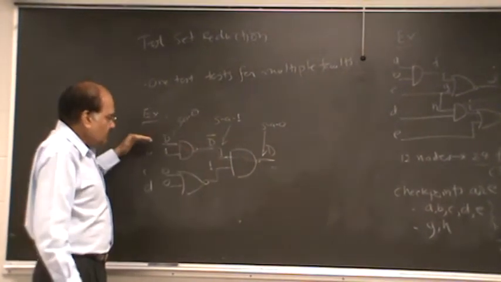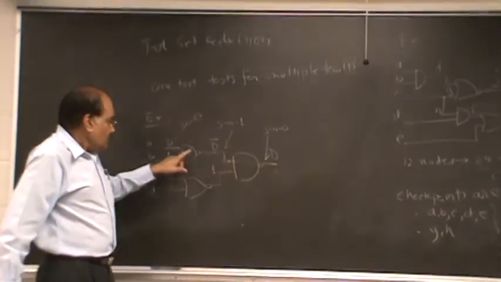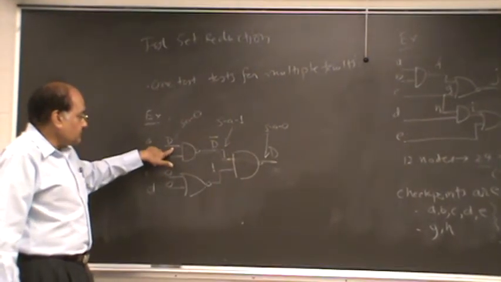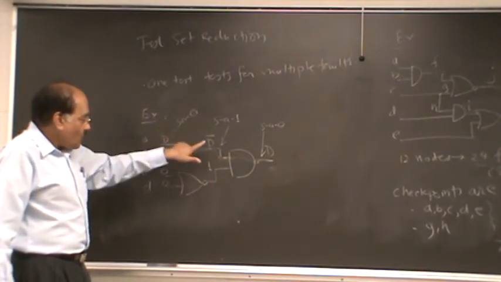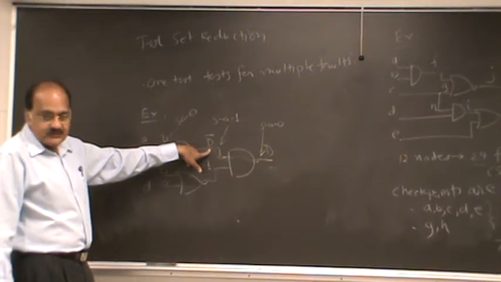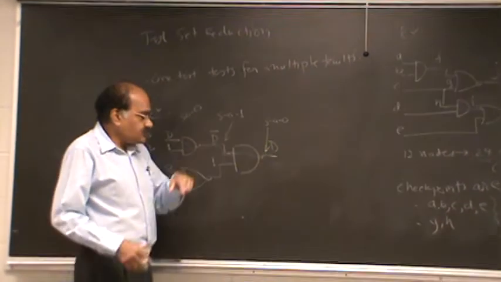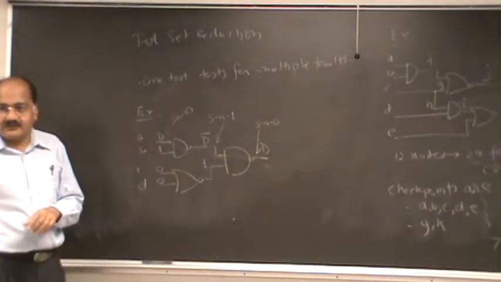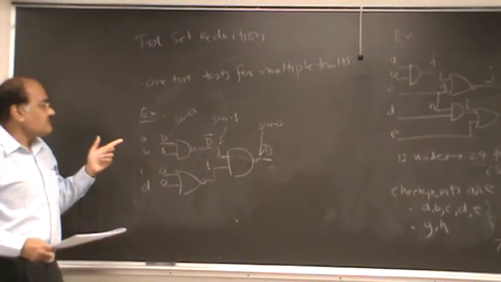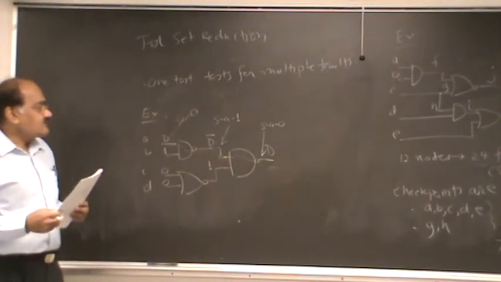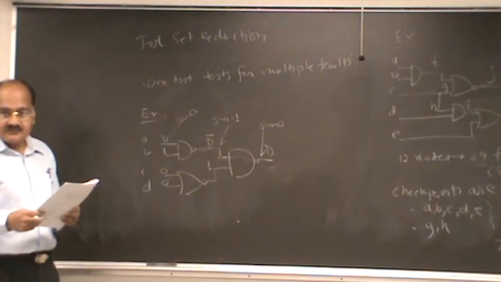Because remember, you have a sensitized path here. So if this is stuck at 0, that would be tested. Or if this is stuck at 1, this would be tested. Or if this is stuck at 0, this would be tested, right? So this shows a single test can test for multiple faults.